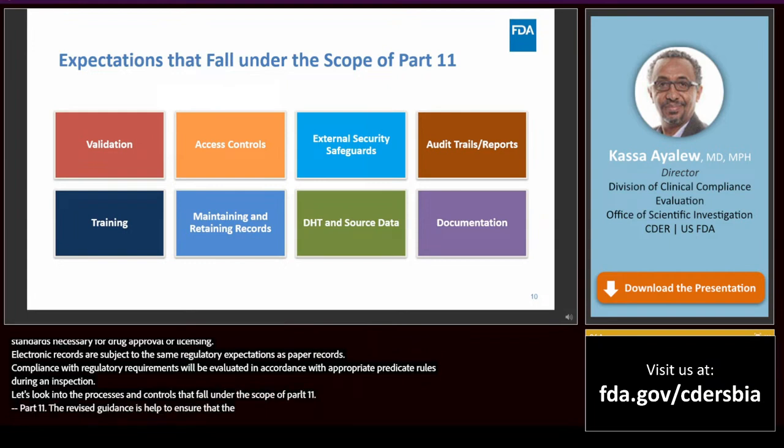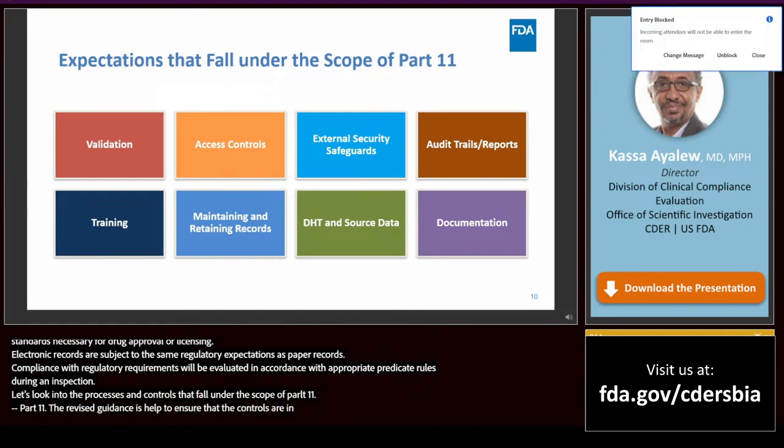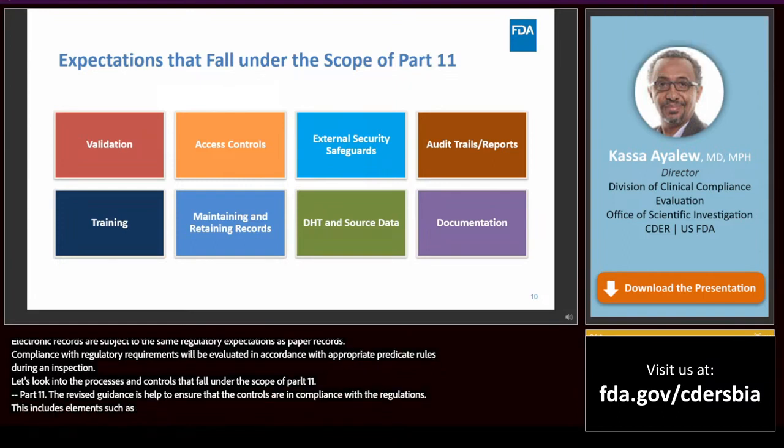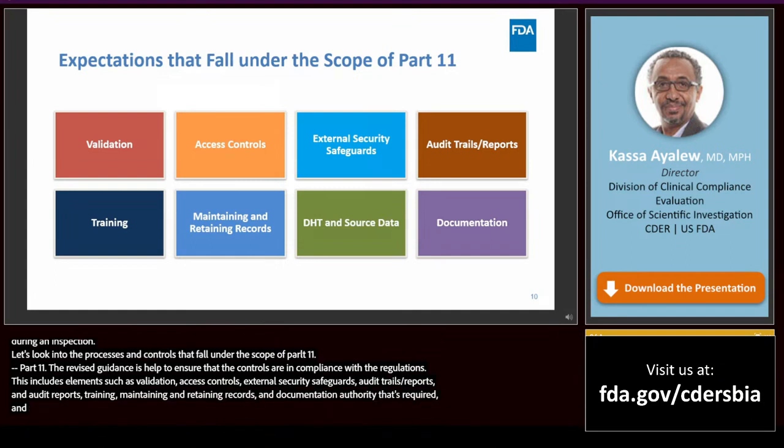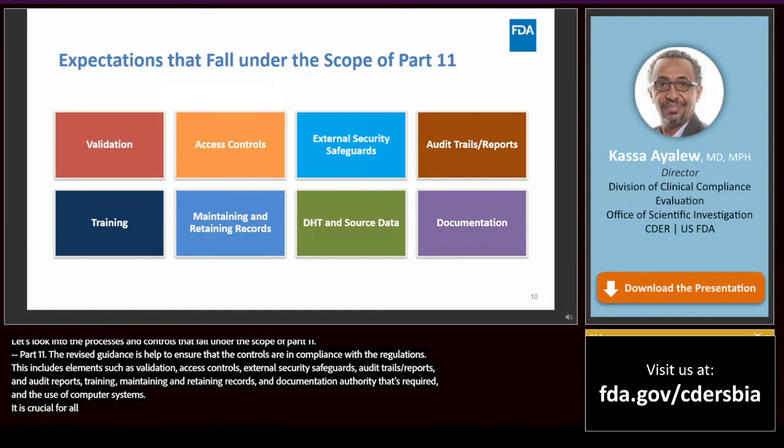This draft guidance discusses procedures and controls for electronic records, including elements such as validation, access controls, external security safeguards, audit trails, reports and audit reports, training, maintaining and retaining records, documentation that are required, and the use of computer systems. It is crucial for all stakeholders involved in clinical trials to understand those elements from a GCP inspection perspective to ensure compliance with the regulatory standards.